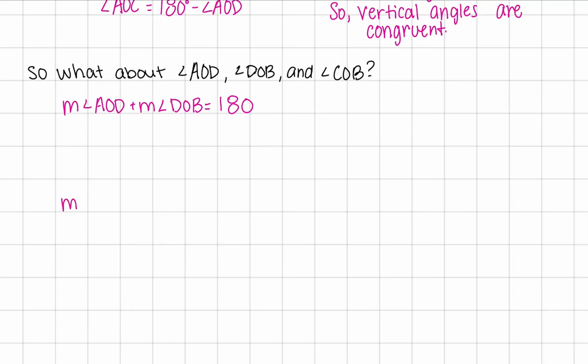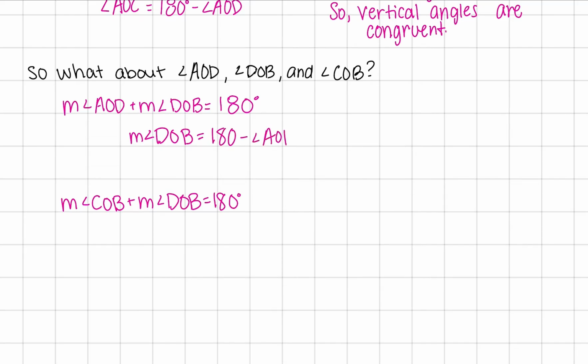And the measure of angle COB plus the measure of angle DOB equals 180. Are one thing in common. So let's do the measure of DOB is 180 minus the measure of AOD. And the same thing for down here. It's just 180 minus the measure of angle COB.